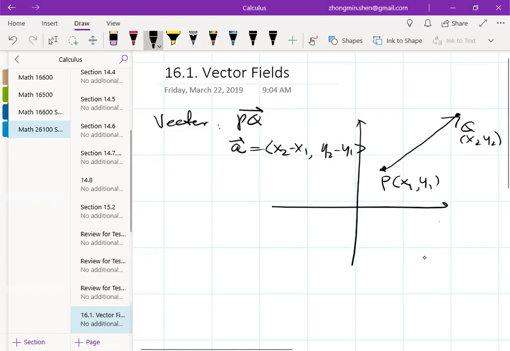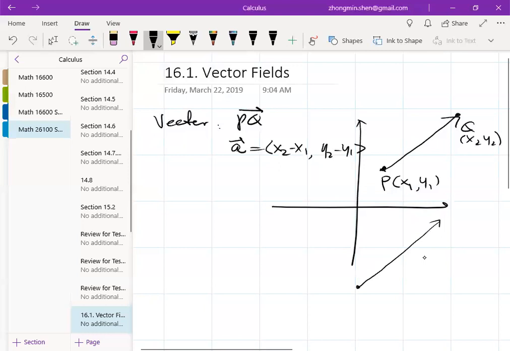For example, if you move it to here, as long as you don't change the length and it's parallel to the original one, the difference of the coordinates will remain unchanged.